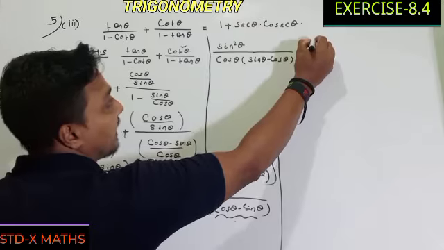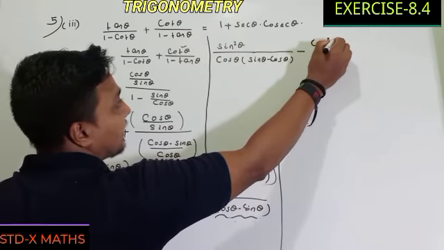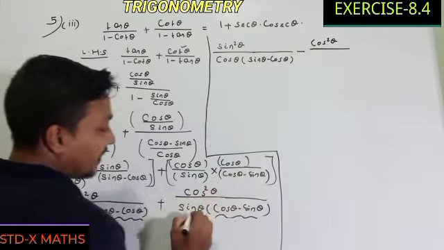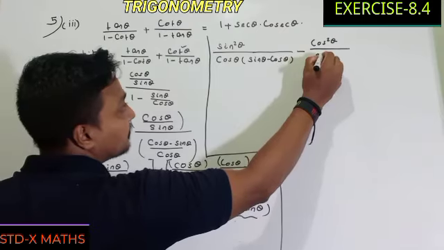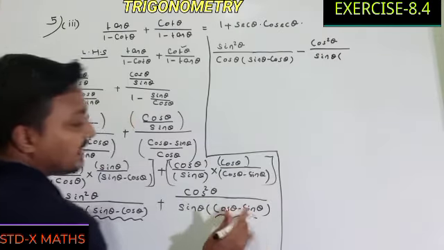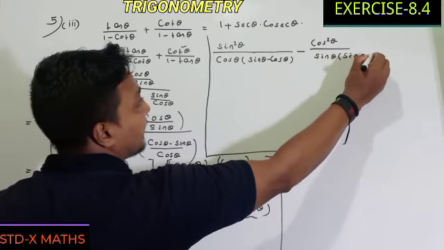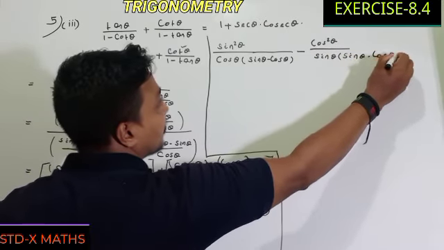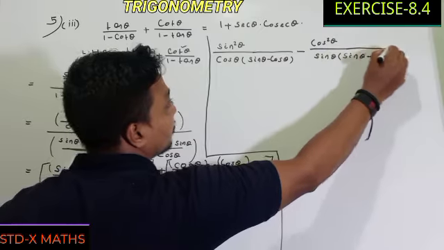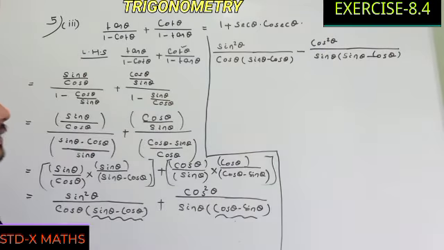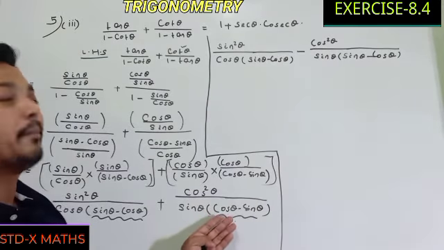So I am writing just like this: cos square theta divided by sin theta minus cos theta. Ready? So this one is sin theta minus cos theta.